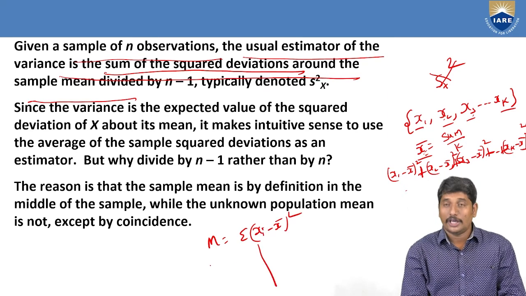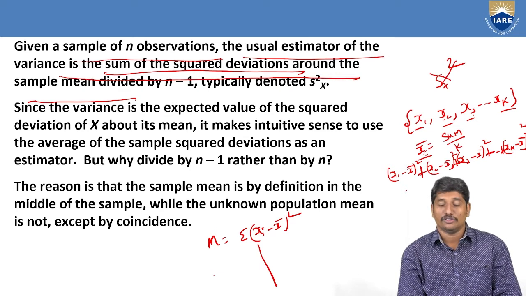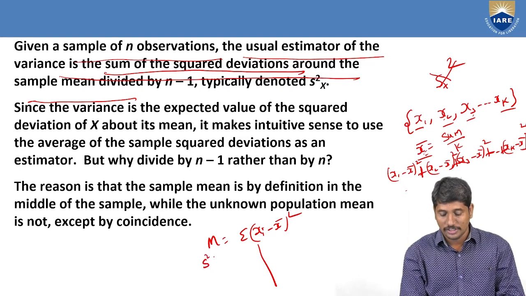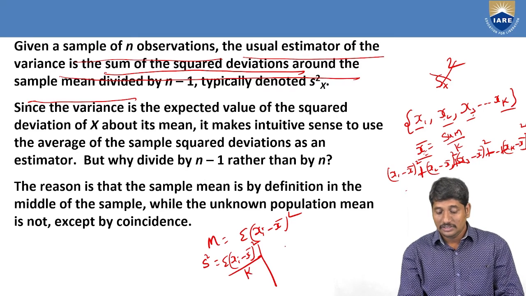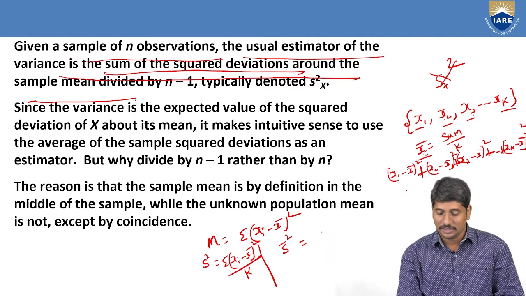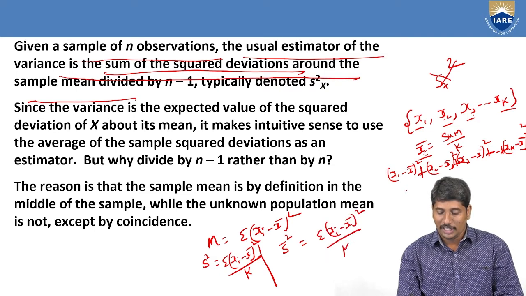Now we are going to write two kinds of variances. First, the original sample variance, that is the summation of (xi minus x bar) square divided by the number of observations k. Second, the modified sample variance, that is the summation of (xi minus x bar) square divided by k minus 1.